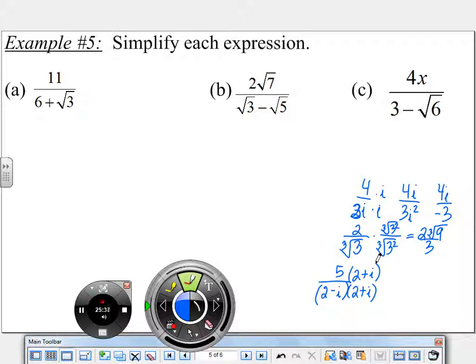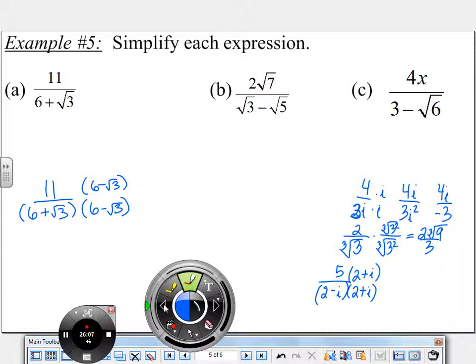So what do you think we're going to do when we have something like 11 over 6 plus rad 3? Janae? Good. We're going to multiply numerator and denominator. Sorry, it totally looks like a 4. It's 11, but it doesn't look like it. We're going to multiply numerator and denominator by the conjugate of 6 plus rad 3, which would be 6 minus rad 3.